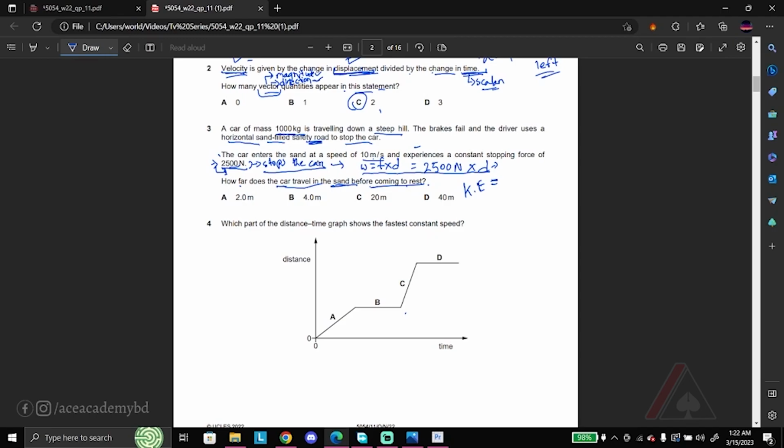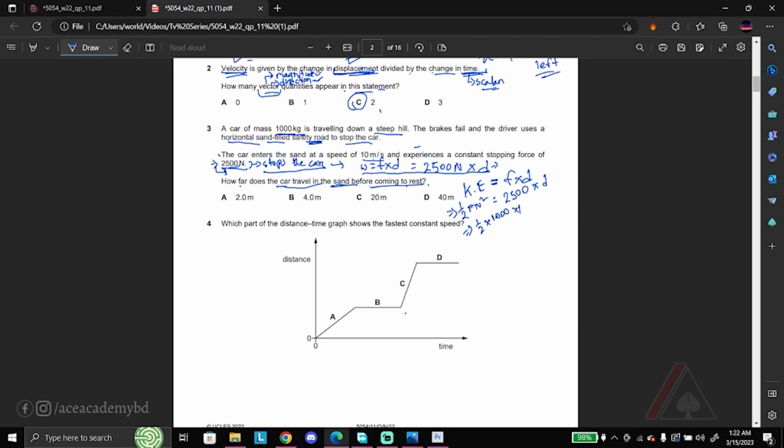So we can now write the equation as kinetic energy is equal to work done, which is force into distance. If you remember, the formula for kinetic energy is half mv squared. So half mv squared is equal to the force, which is 2,500 into d. Now just put the values up here.